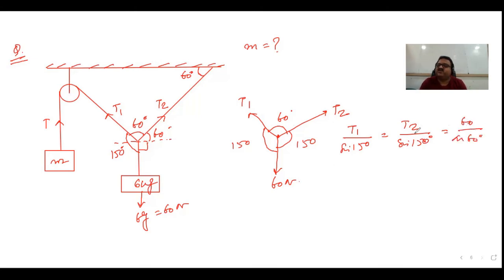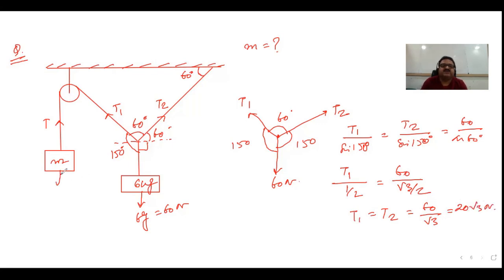So it is quite clearly T1 equal to T2, and T1 by sine of 150, that means sine of 150 is cos 60, that is half, and this is 60. Sine 60 is what? Root 3 by 2. So if I cancel this, T1 equal to T2 is equal to 60 by root 3, which is equal to 20 root 3 Newton.